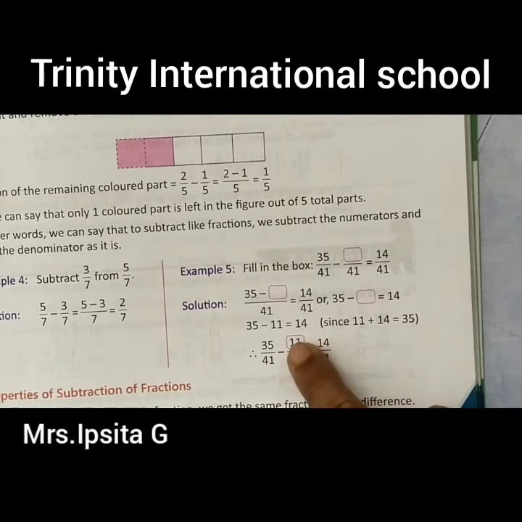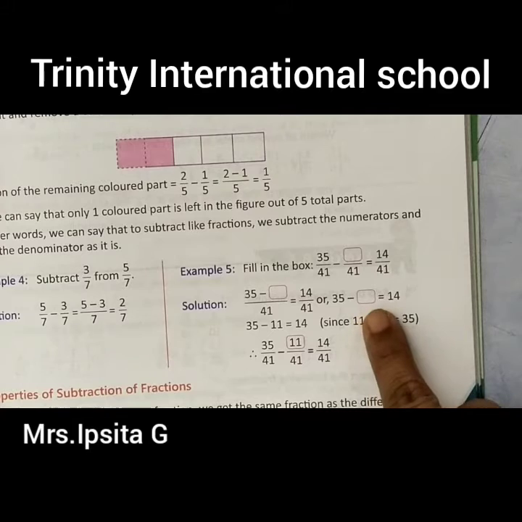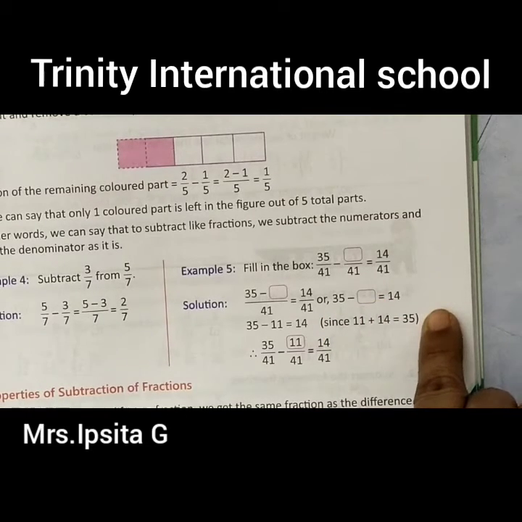Now you know that when the numbers have to be taken out and if one number is missing, then what you do, you have to change the place so that you can get the number.